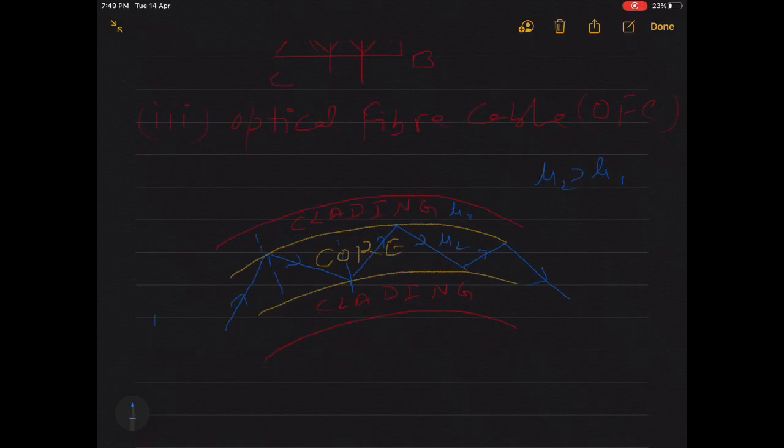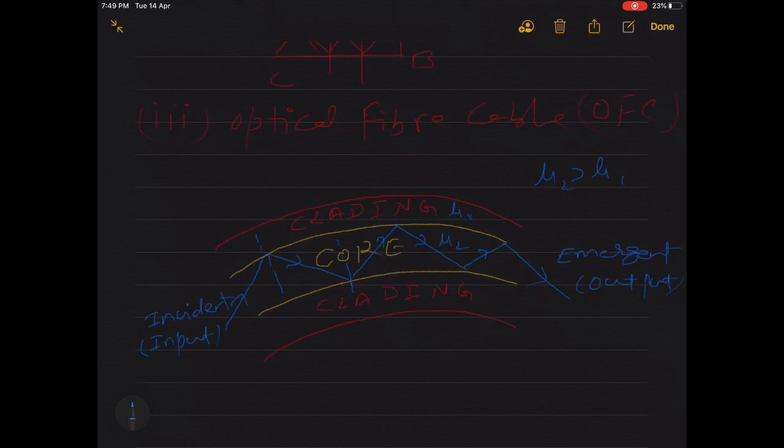So this ray is the incident ray, or you can say it is the input signal, and this one is the emergent, which you can call the output.